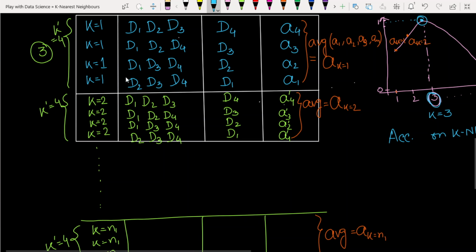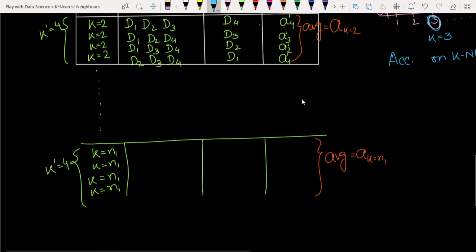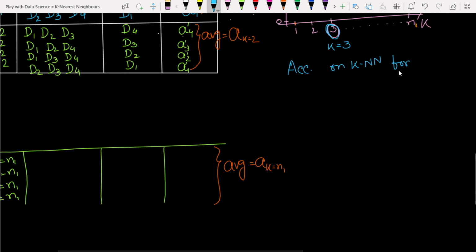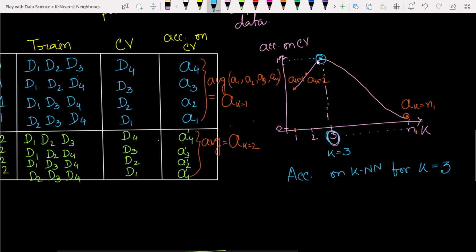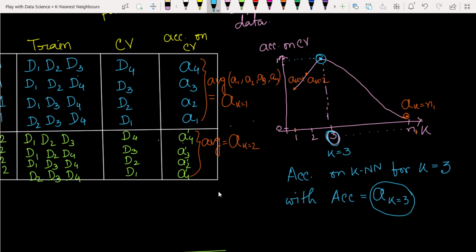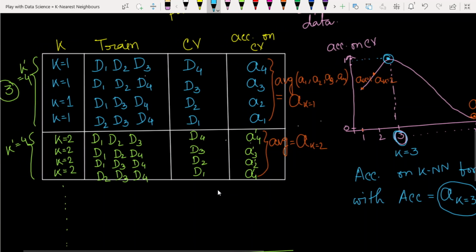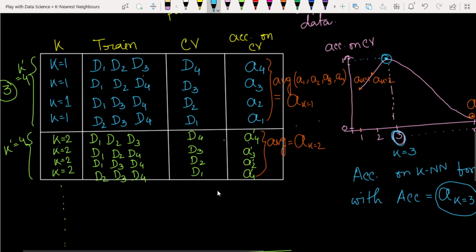We have n1 number of data sets, so we have got the accuracy on knn for k is equal to 3. I think now we understand how we have utilized these 80% of data.